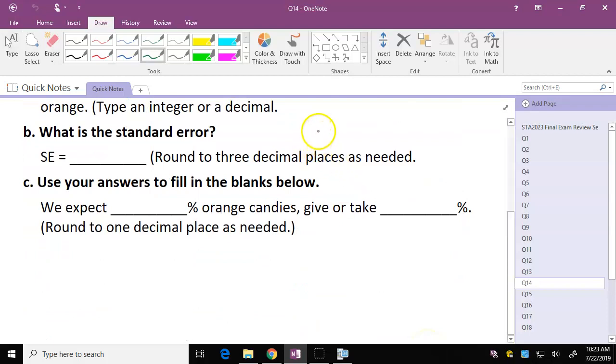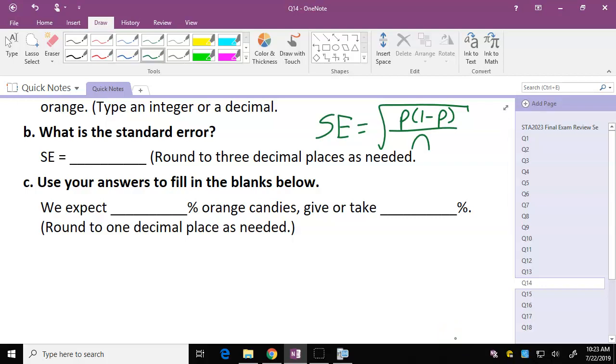SE equals the square root of P times (1 minus P) all over N. That's the same as what you did earlier with StatCrunch, but I don't think StatCrunch will help you on this one. That's why I had to put that information up there. So you just got to run your formula.